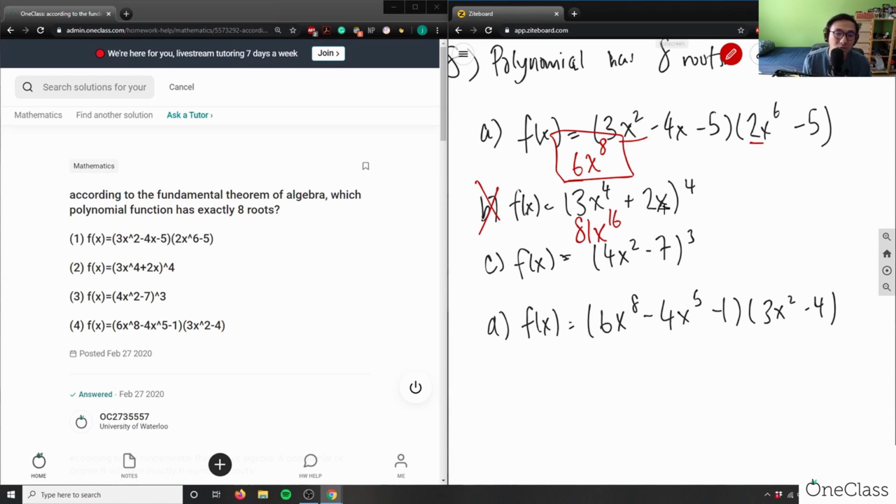C here, I have 4x squared minus 7 to the power of 3. I can take 4 cubed, and I would get 64. X squared to the power of 3, 2 times 3, is 6. And this here is simply minus 7 cubed, which is 343.